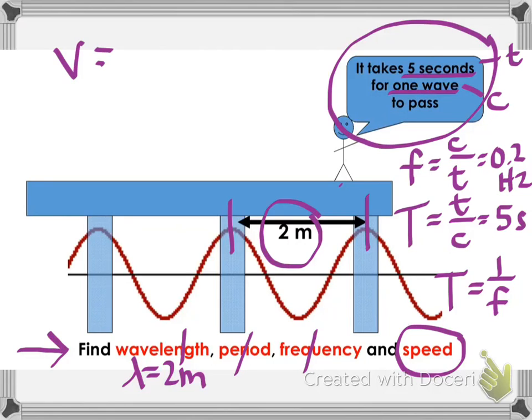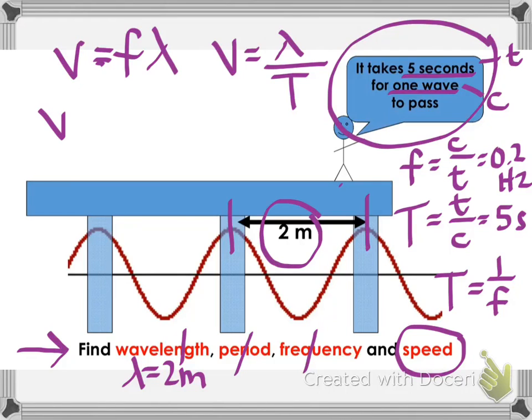We developed speed equals frequency times wavelength, and speed equals wavelength over period. I can use both of these equations because I have frequency, period, and wavelength.